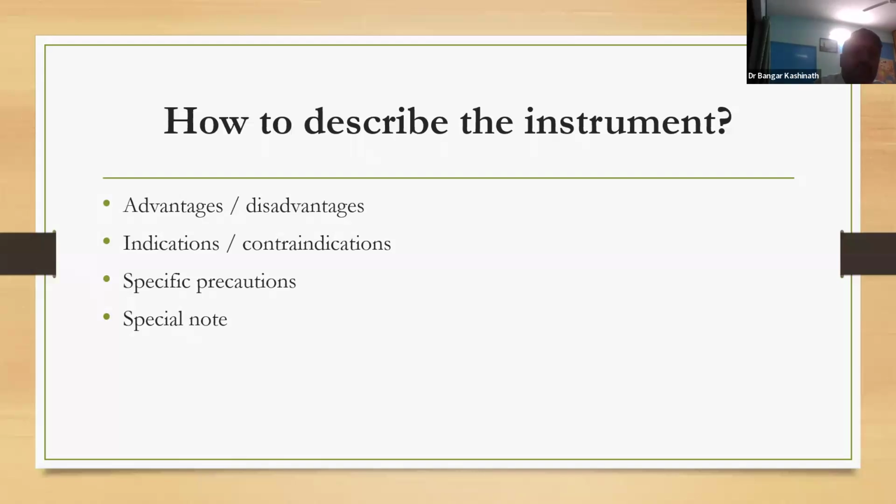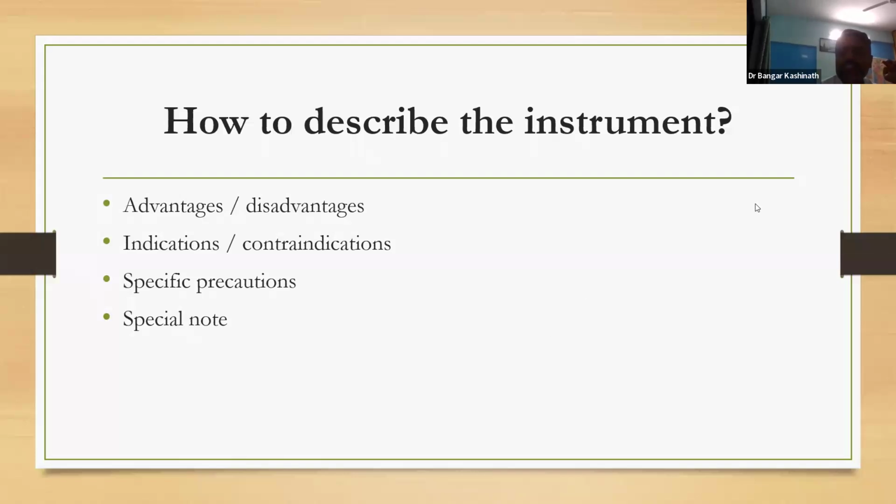We'll be talking about specific precautions about these instruments, right? For example, spinal cord stimulator, then you can talk about the MRI compatibility, non-compatibility, and other things. And if there is any special note specific to that instrument, then we can mention it there, right?